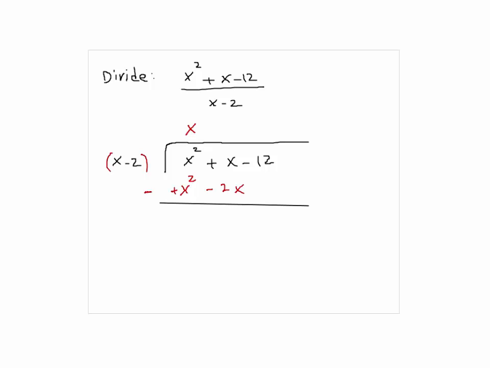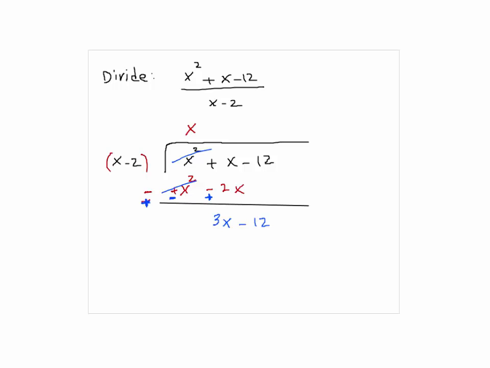In order to subtract, I can change subtraction to addition, and change the sign of the second row into its opposite sign, and then simply add these two. x squared minus x squared would be 0. So there would be 0. Plus x plus 2x would be plus 3x minus 12. So our remainder is 3x minus 12.